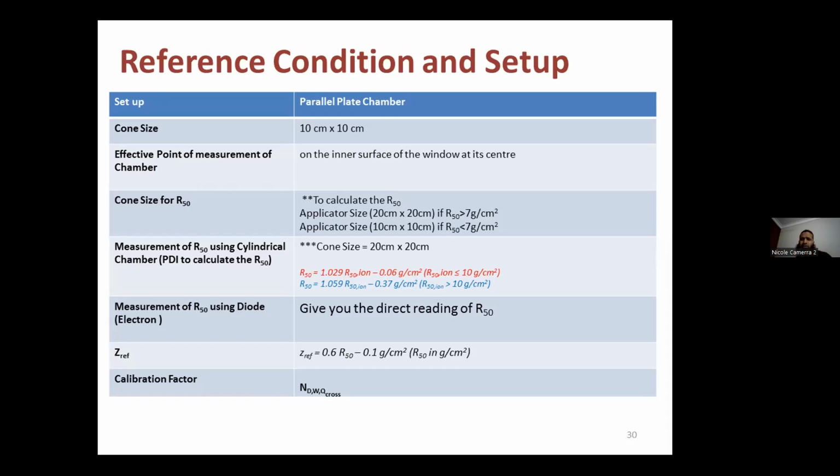So basically, when you are doing a smaller field, they recommend you can use your 10 by 10 applicators for higher R50s, but you want to make sure that your R50 does not change between the 20 by 20 applicator and the 10 by 10 applicator, by more than 0.1 g/cm².